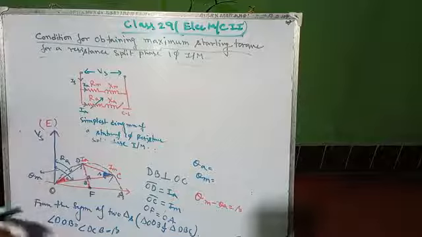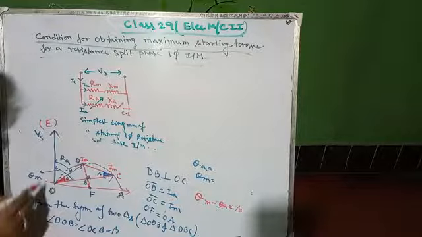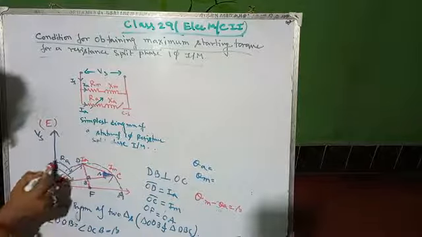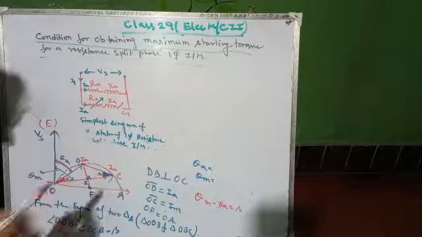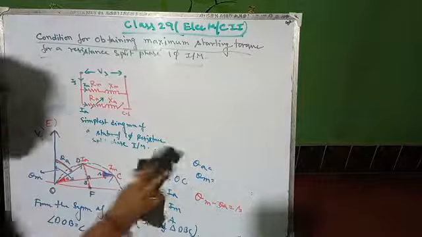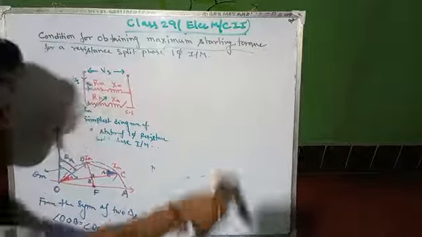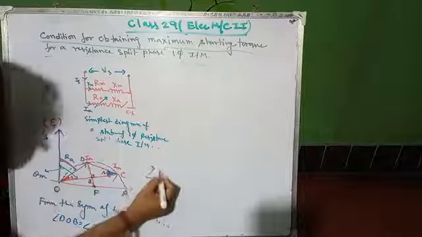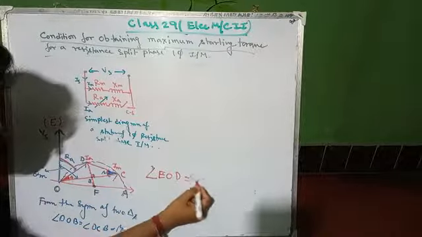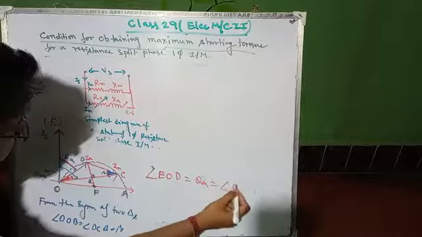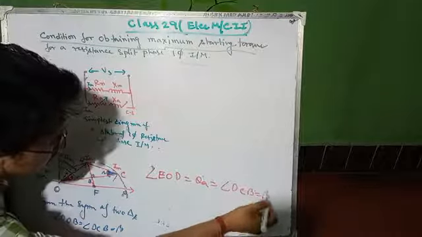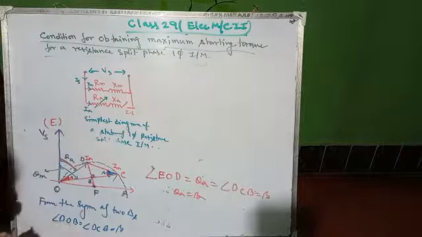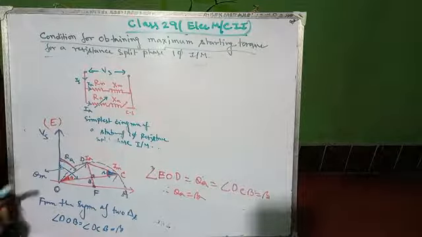And from the geometry, this angle is also theta A. So write from the geometry, angle EOD, that is theta A, equals angle DCB, which equals beta. That is, theta A equals beta for this case.